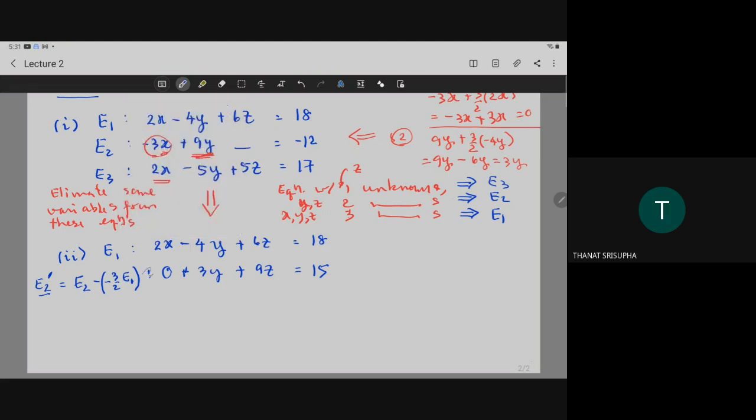So for equation 3, if I want to eliminate 2x from E3, I will start with E3 and then subtract 1 times E1, and I call this E3 dash.